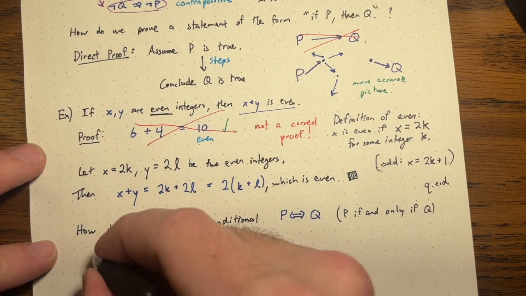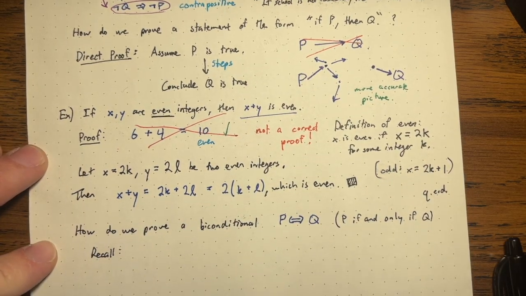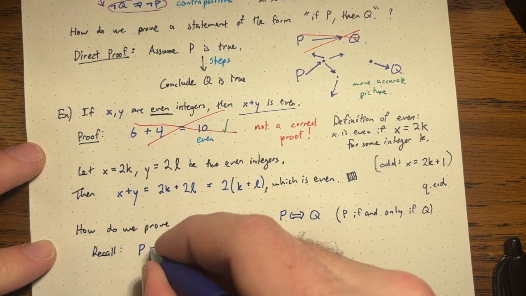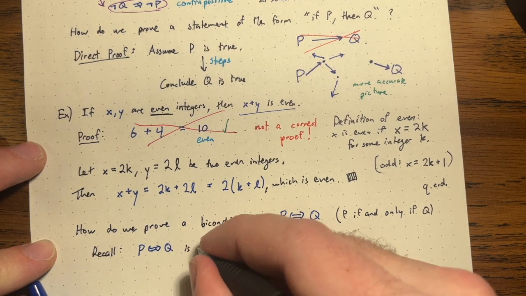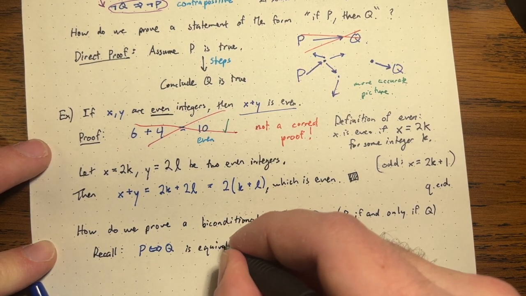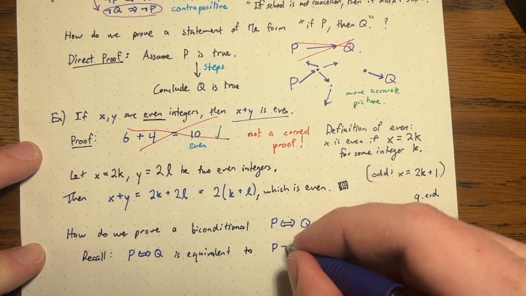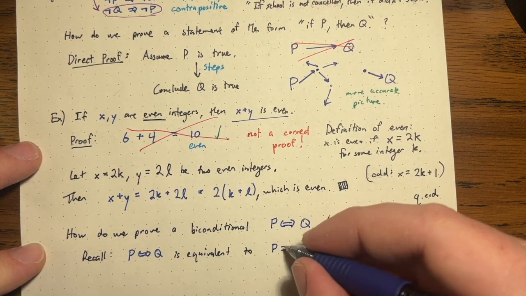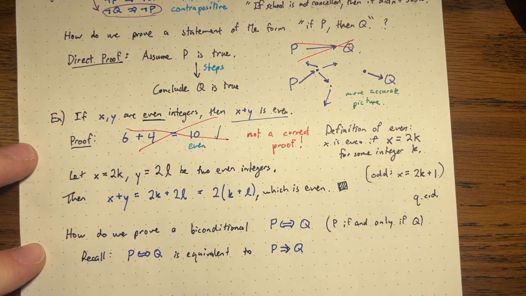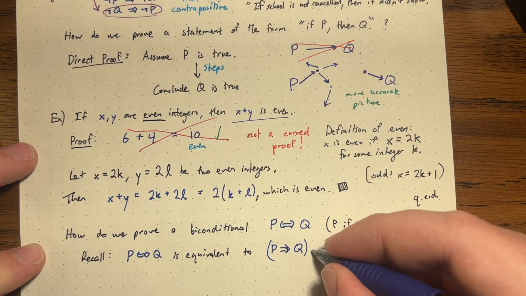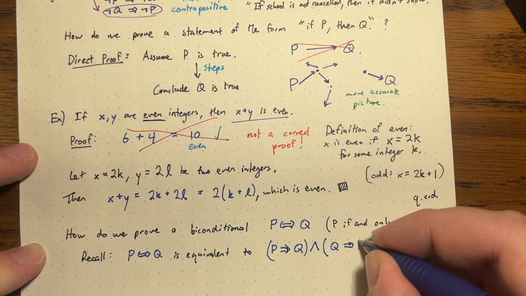Recall, what does this mean exactly? Recall, P if and only if Q is equivalent to P implies Q and Q implies P. Okay.